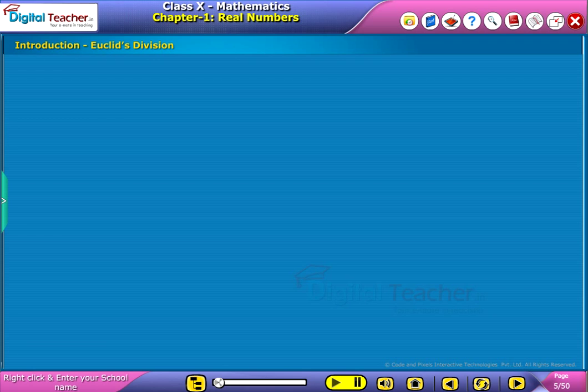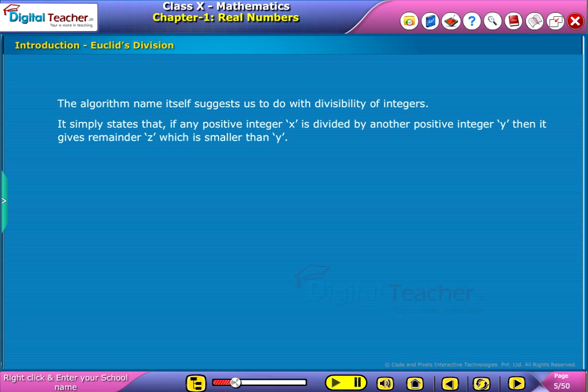Let us know about Euclid's division algorithm. The algorithm's name itself suggests it has to do with divisibility of integers. It simply states that if any positive integer x is divided by another positive integer y, then it gives a remainder z which is smaller than y. Let us do an example.